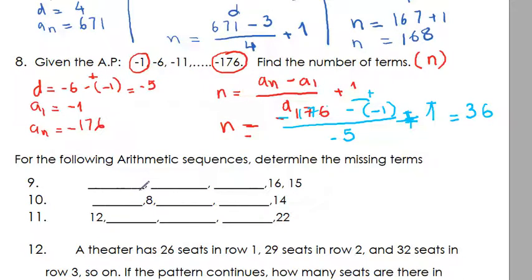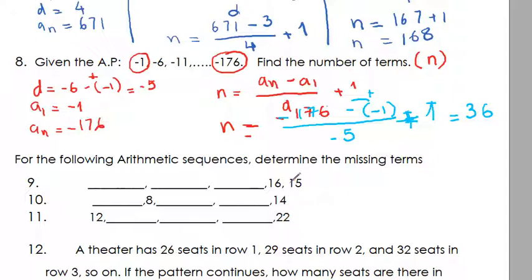All right. Let's do number 9. For the following arithmetic sequences, determine the missing terms. So number 9, this is a sequence of how many terms here? 1, 2, 3, 4, and 5.